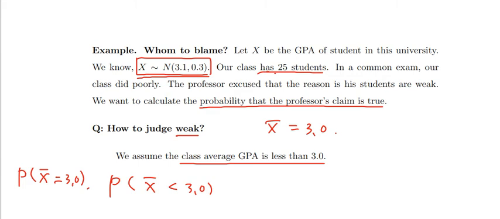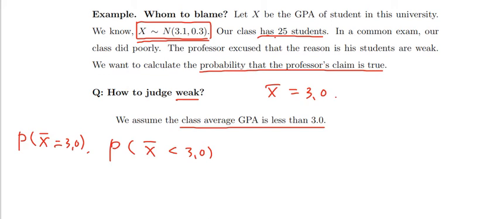This is because x bar is a continuous distribution. So x bar exactly equal to this number, 3.1 here, has probability 0.